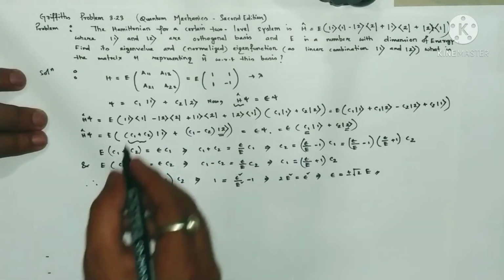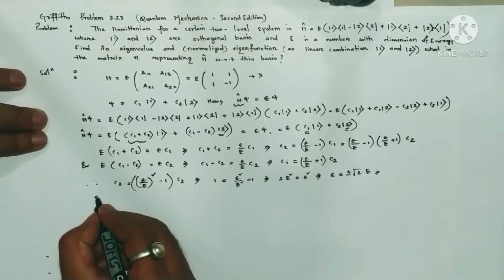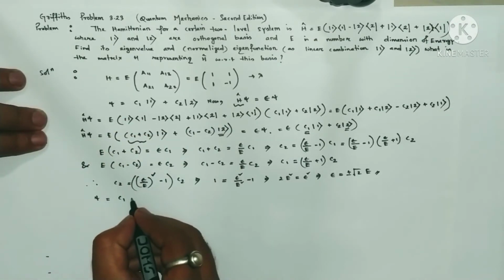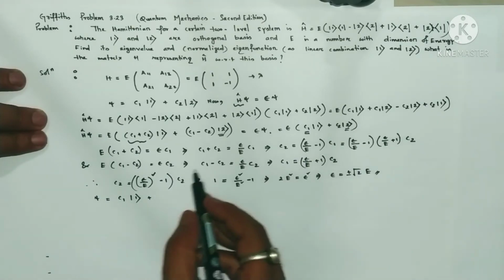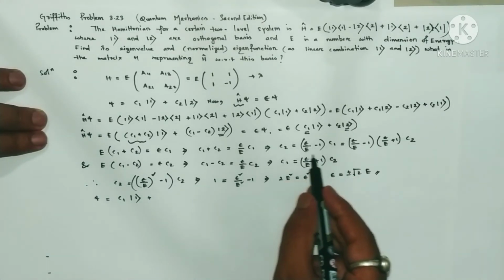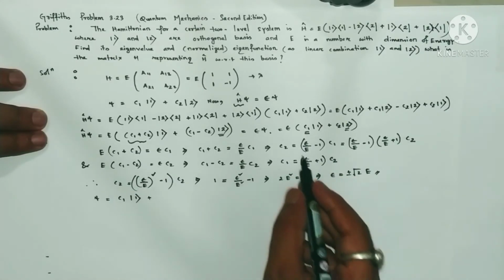Now we have psi equal to C1 |1⟩ and C2. In place of C2, we can replace it with this.